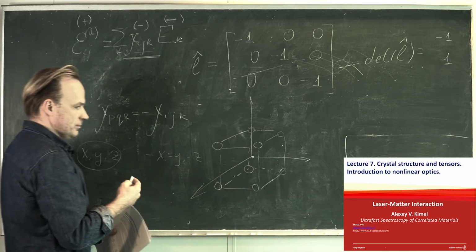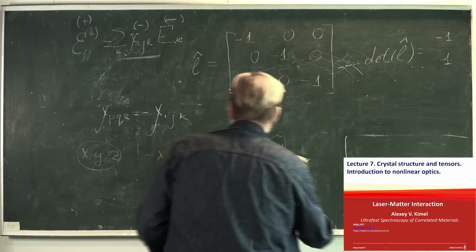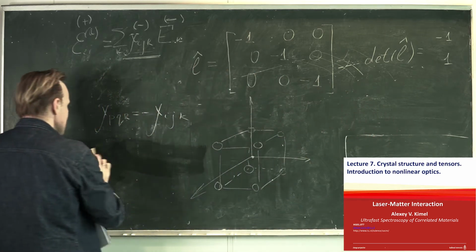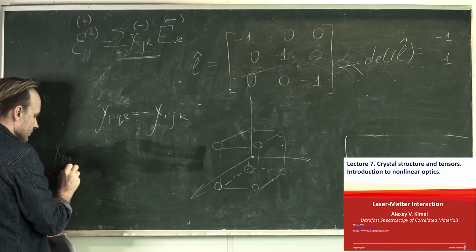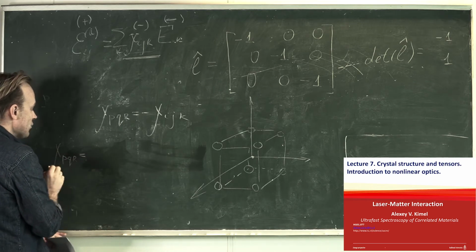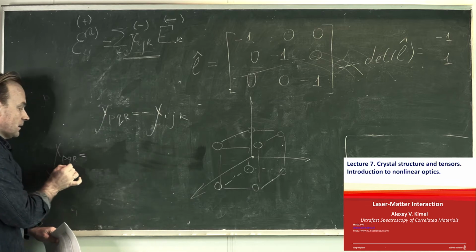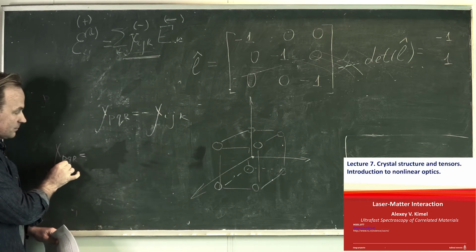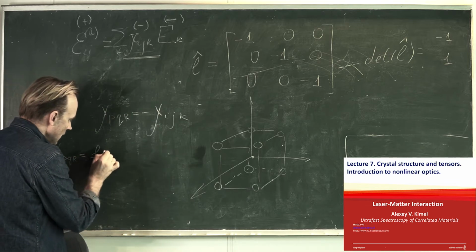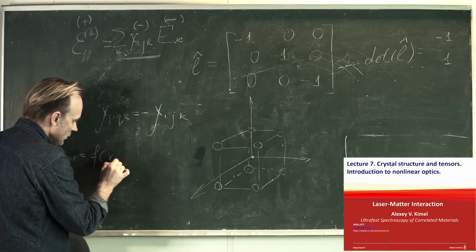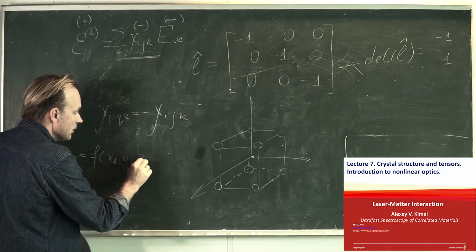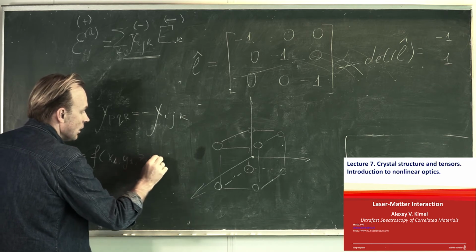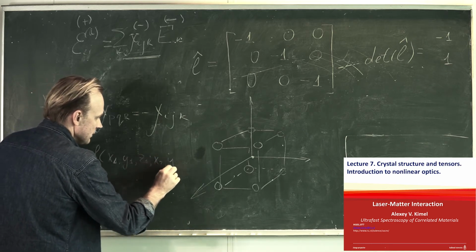Well, imagine now that you talk about a centrosymmetric medium, and if you try to define the element of this tensor, obviously this tensor component will be defined by coordinates of all atoms in the crystal.